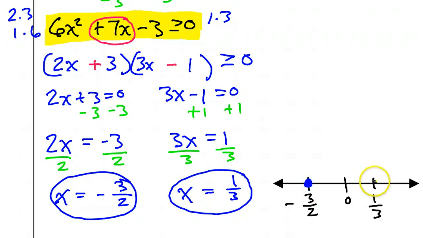So here at these values the function will equal 0. Now we need to draw a graph of the function. It's quadratic, so I know it's going to be some type of a parabola. The leading coefficient is positive, so that tells me that it's going to be an upward facing parabola. And so I'm going to draw an upward facing parabola through these zeros. Okay, so that would be something like this.